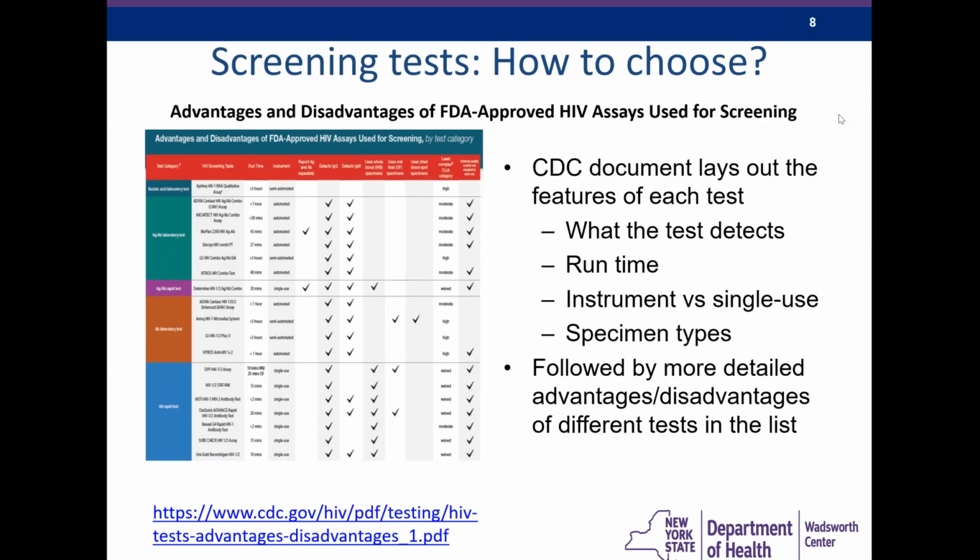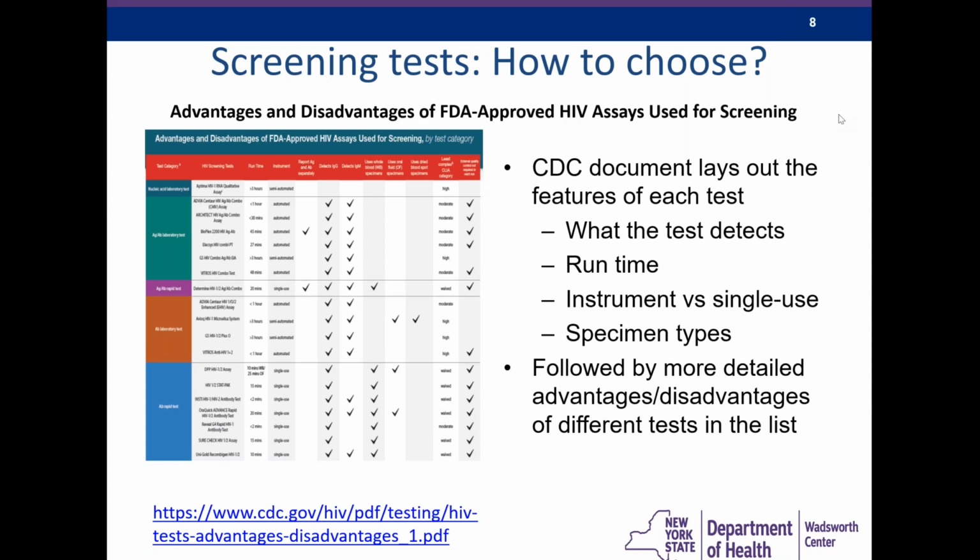In the category of diagnostic screening tests, there really are a lot of different options to choose from, and it can be a little bit challenging to figure out how best to choose these tests. So to help with this effort, the CDC has compiled a lot of information on the different screening tests in a very useful document that's entitled Advantages and Disadvantages of FDA-Approved HIV Assays Used for Screening.